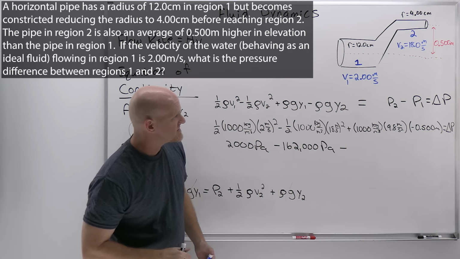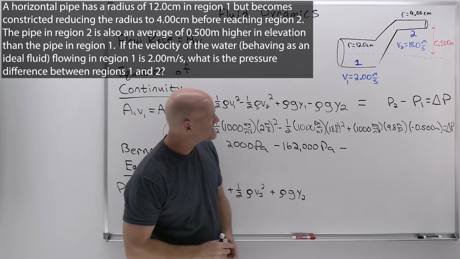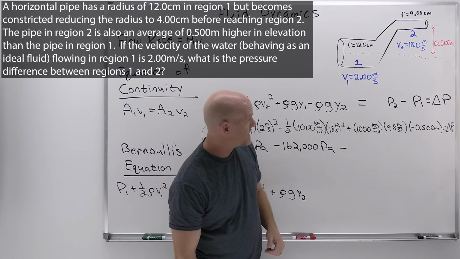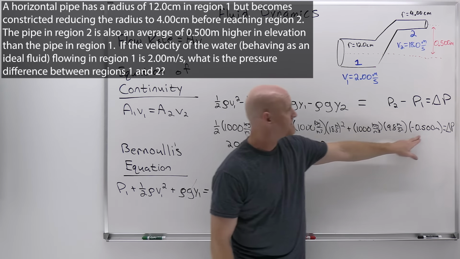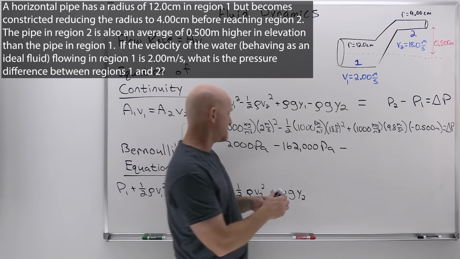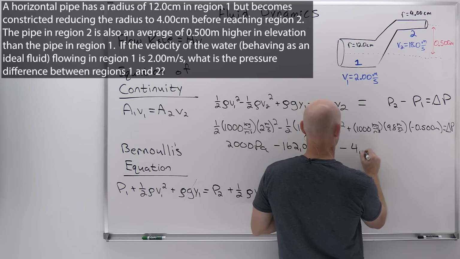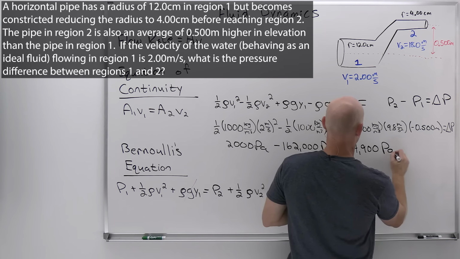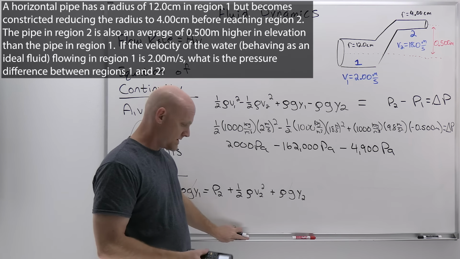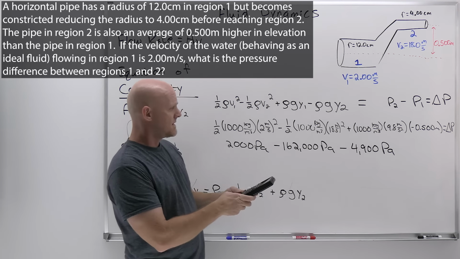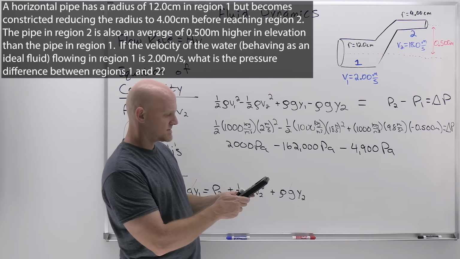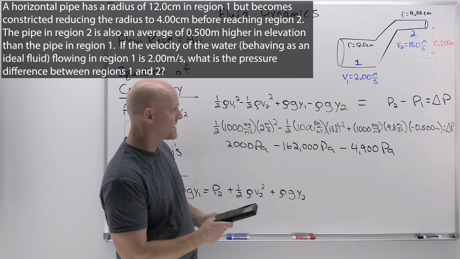In this case, 1,000 times 9.8 is going to be 9,800, and then times 0.5 would be half that, 4,900, so minus 4,900. I'm definitely going to let my calculator confirm that, because I don't trust myself. All right, 1,000 times 9.8 times 0.5 is indeed 4,900.